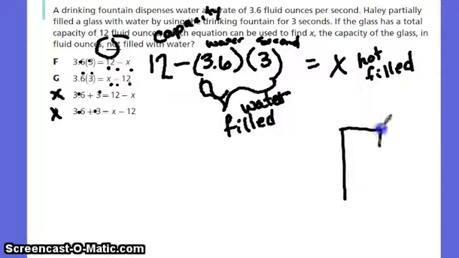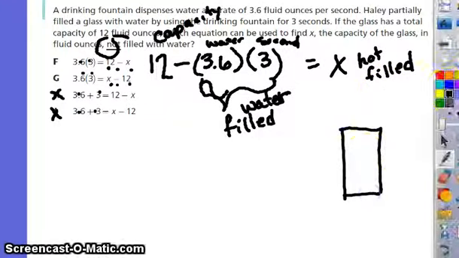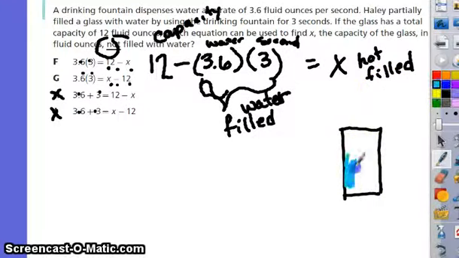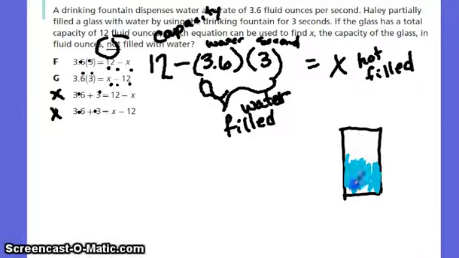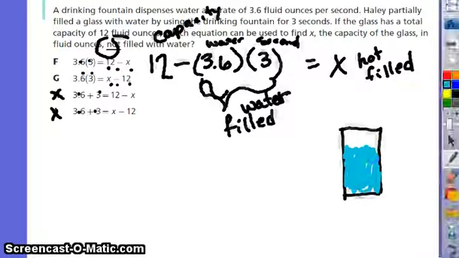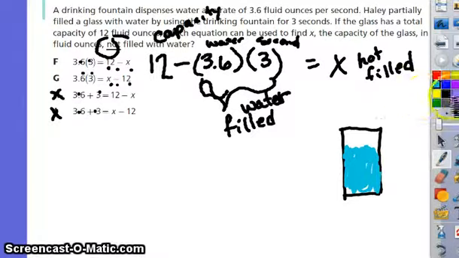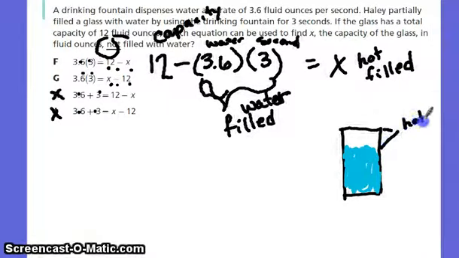Okay, draw yourself a picture, right? You've got a glass. Let's put some cool, clear water in there. Look at this. This segment is what's not filled. No water there.